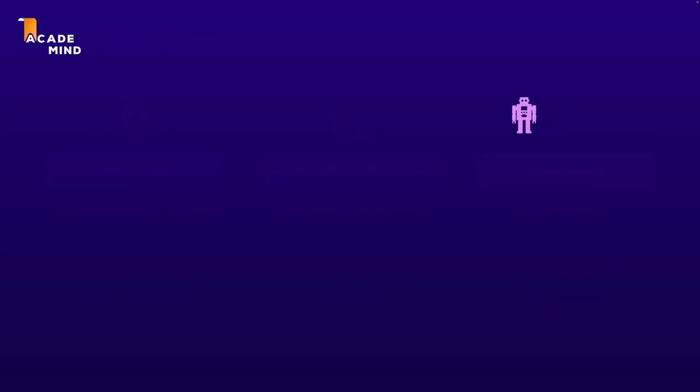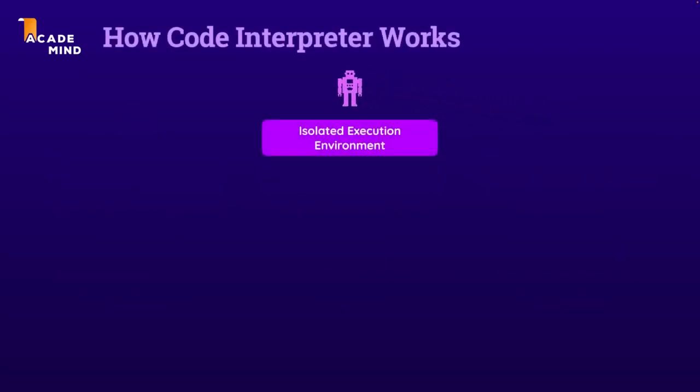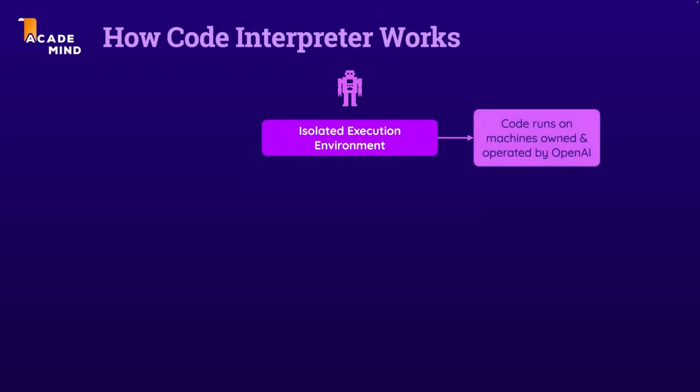Though speaking of limits, Code Interpreter definitely has some limits, because the code that gets generated and executed by ChatGPT is executed in an isolated execution environment provided by OpenAI. So that code is executed on machines owned and operated by OpenAI.